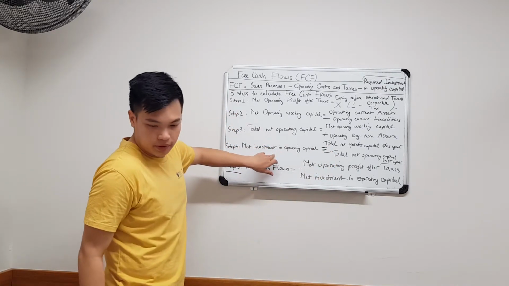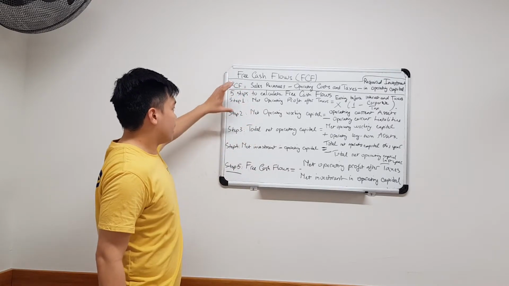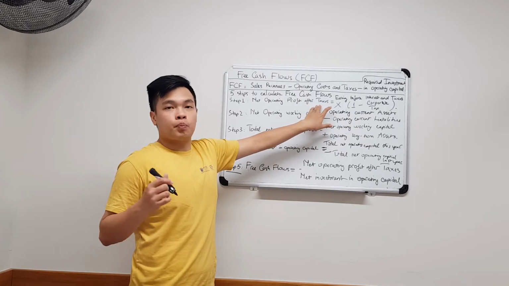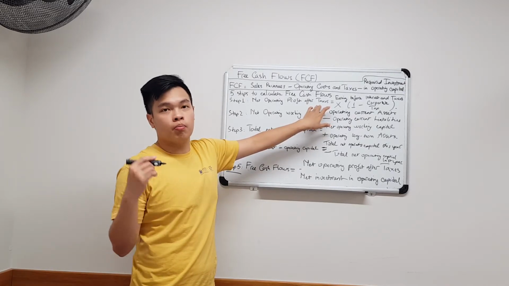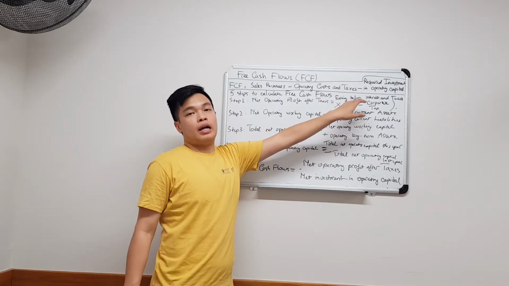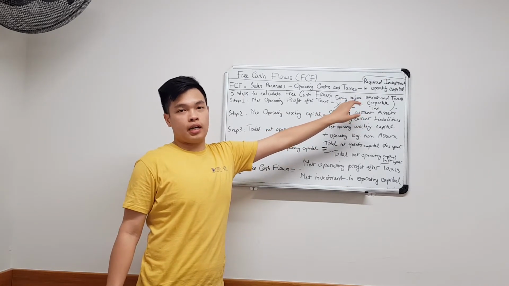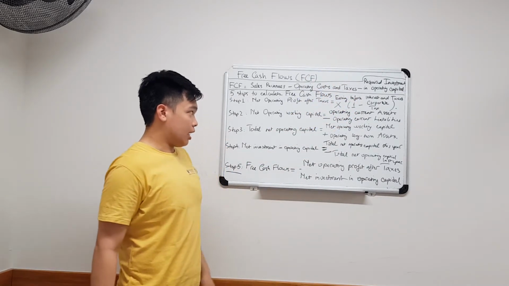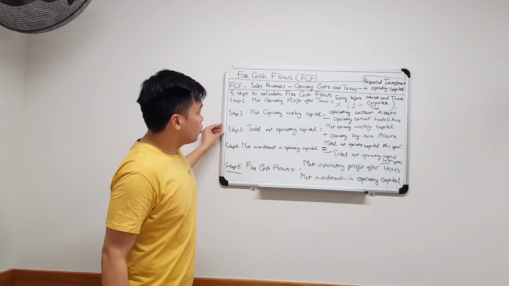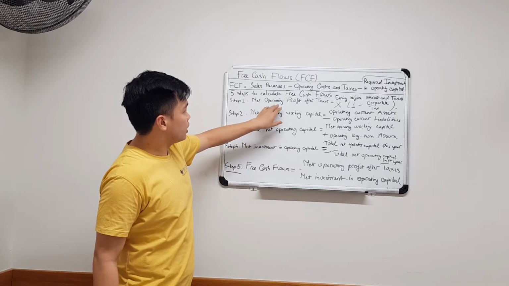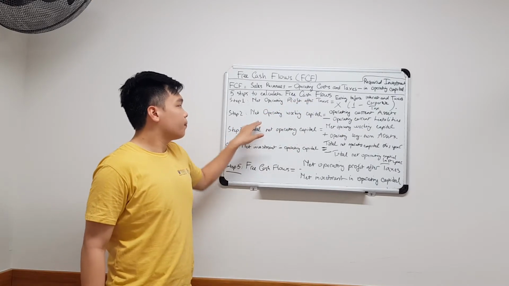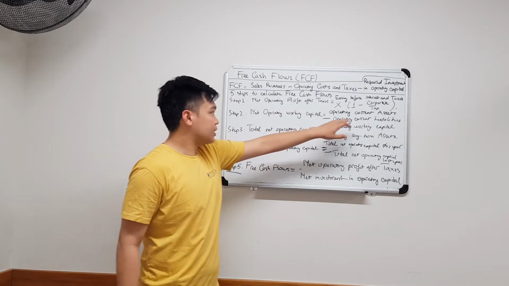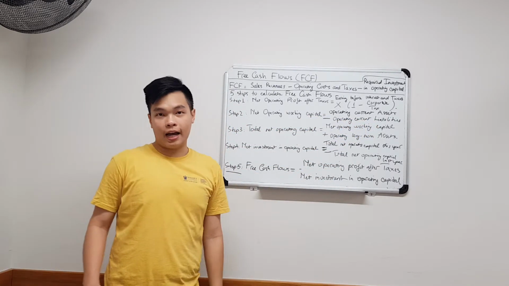After we have enough information, net operating profit after tax equals EBIT, earnings before interest and tax, multiplied by 1 minus the corporate tax rate. Then we calculate net operating working capital: we take operating current assets minus operating current liability.